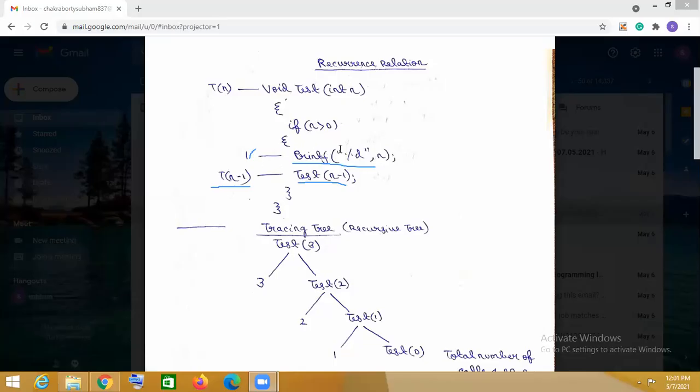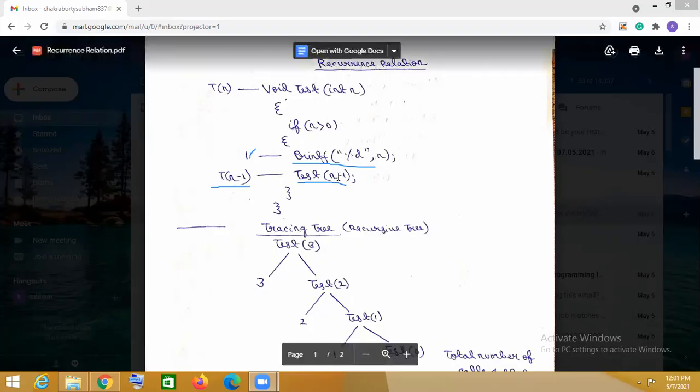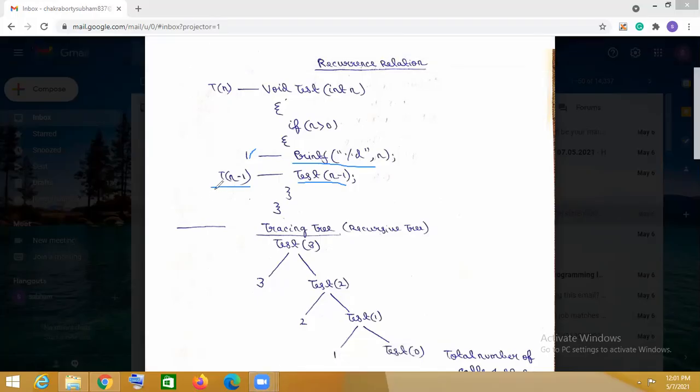I have mentioned that printing this value requires 1 unit of time. And this is a recursive function, so with n minus 1, it requires T of n minus 1.